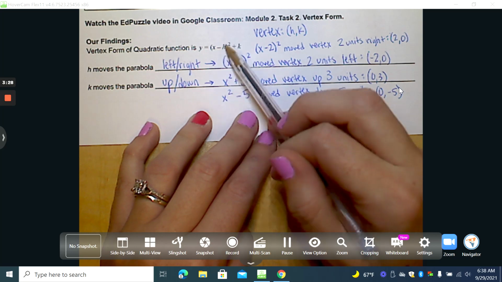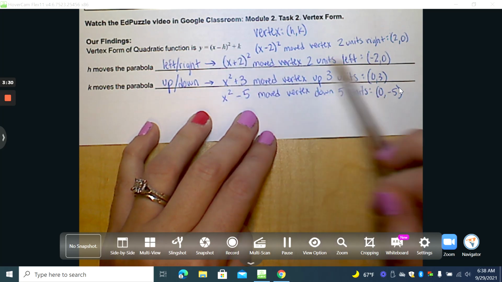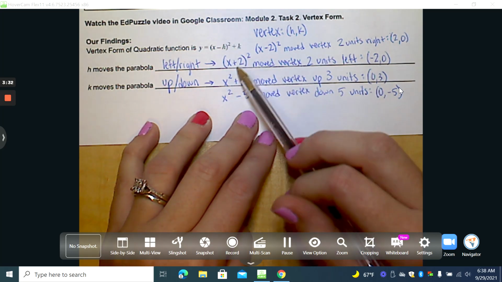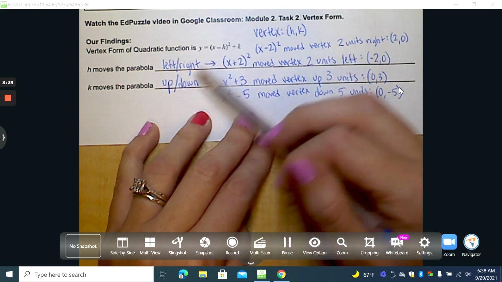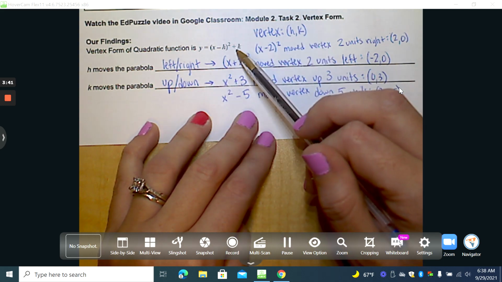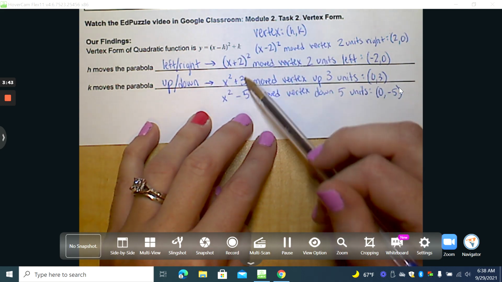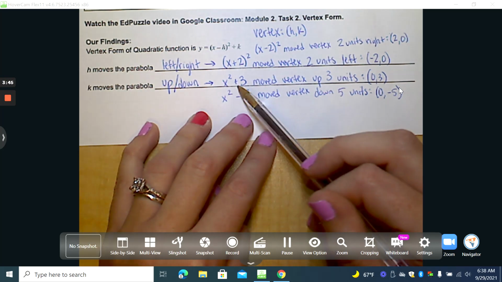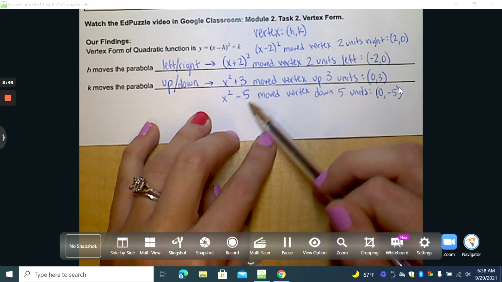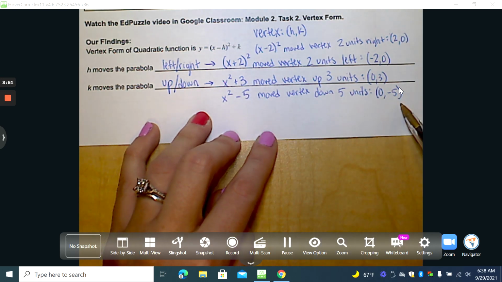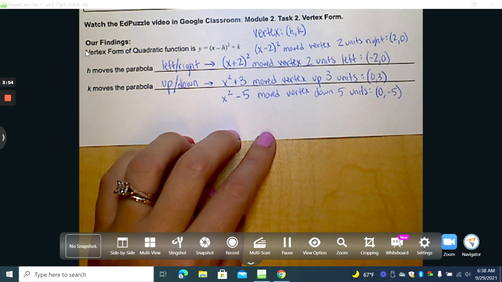So in other words, for h we use the opposite, and that's my vertex. Positive 2 in my equation is going to be a negative 2 in my vertex. And my k value, the y value of my vertex, I'm going to keep that sign exactly the same. A plus 3 means I'm going to have a positive 3. A minus 5 means I'm going to have a negative 5 in my equation.